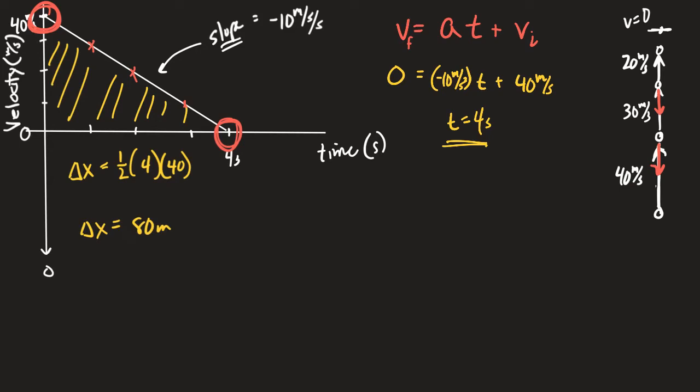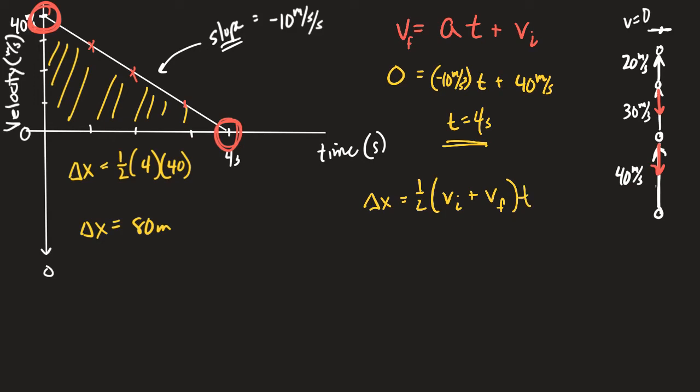If I use what we talked about yesterday about trapezoids, do you remember our discussion about trapezoids yesterday? I left you at delta x equals 1/2 the initial velocity plus the final velocity times the time.